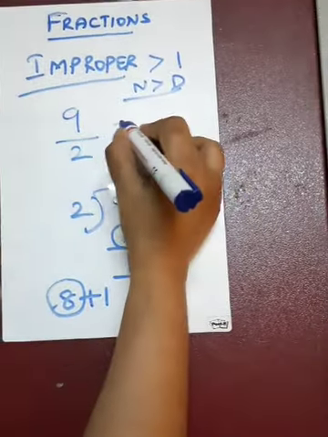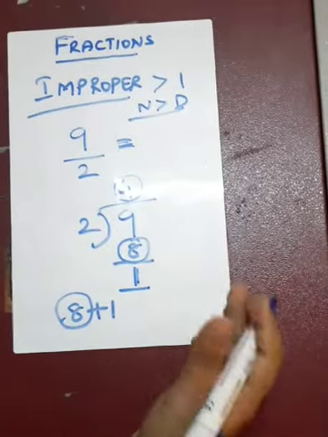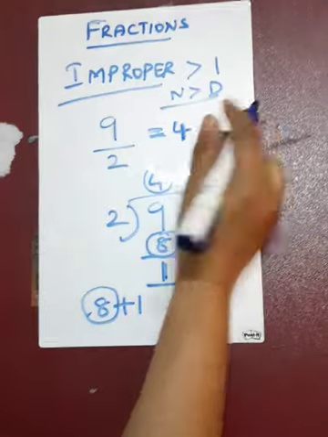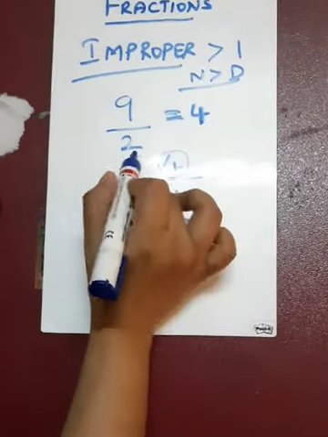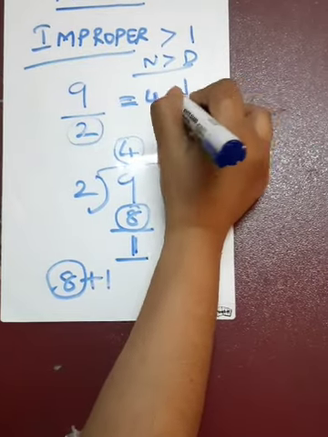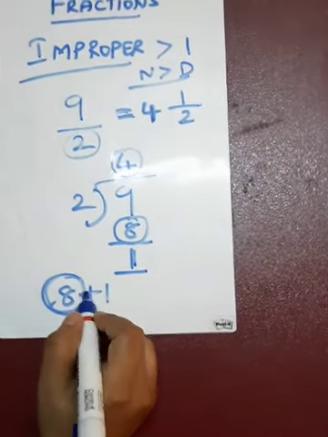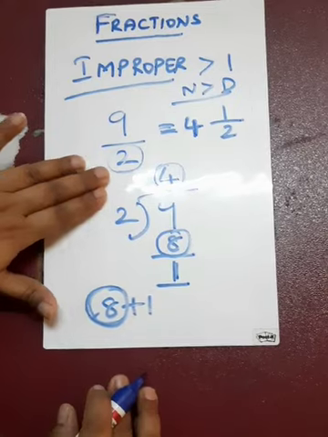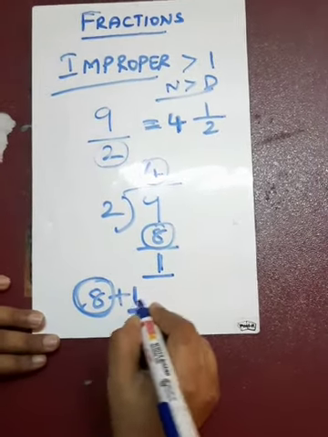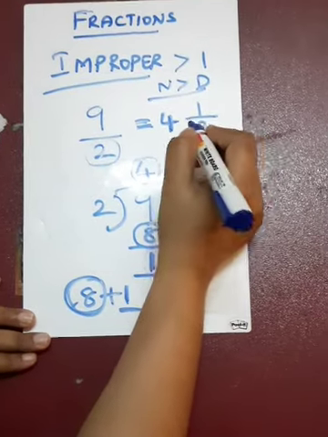This improper fraction we will express as a mixed fraction with the quotient as 4. These 4 whole parts can be equally divided among these 2 people, and the remainder is 1 by 2. Got it? This 8 when equally shared among 2 people, 4 plus 4, 8 will come. This 1 is remaining, so 1 can be split into half. So 4 and a half.